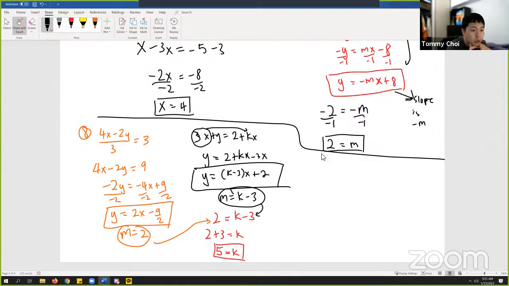You're setting the slopes equal to each other. What do you mean about the question before that? What about the question? Okay, cool.